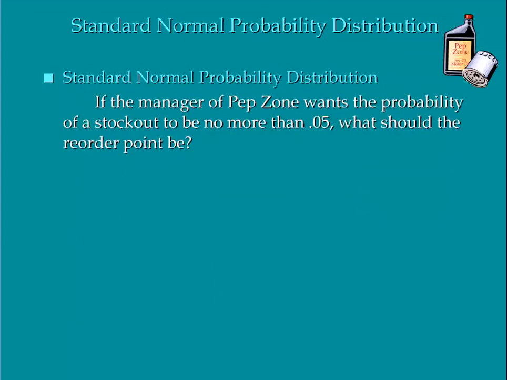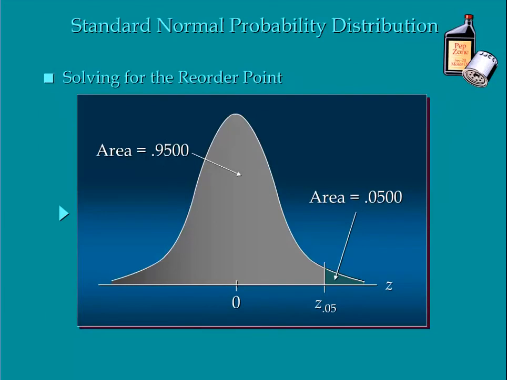In the last question we started off with finding the z-score, and in this case that's what we're going to do as well. So we have an area here. We're going to start off with this area of 0.05, and first find the corresponding z-score such that the probability of capital Z being greater than this particular small z is 0.05, capital Z being the name, small z being some value.